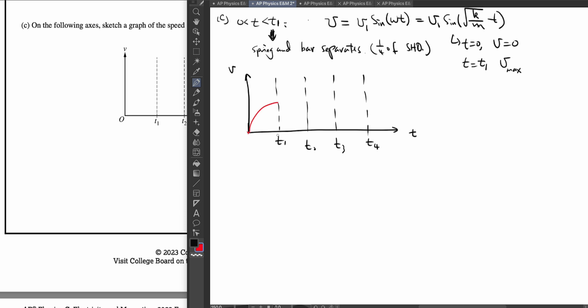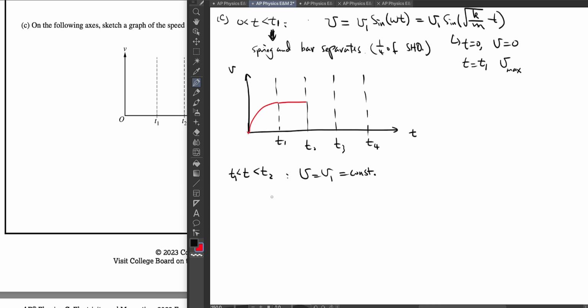Now after t1, you will do constant velocity motion before entering the magnetic field at t2. So t2 is the instant it enters magnetic field number 1. Between these two time instants, V is V1, a constant. So we should draw a horizontal line.